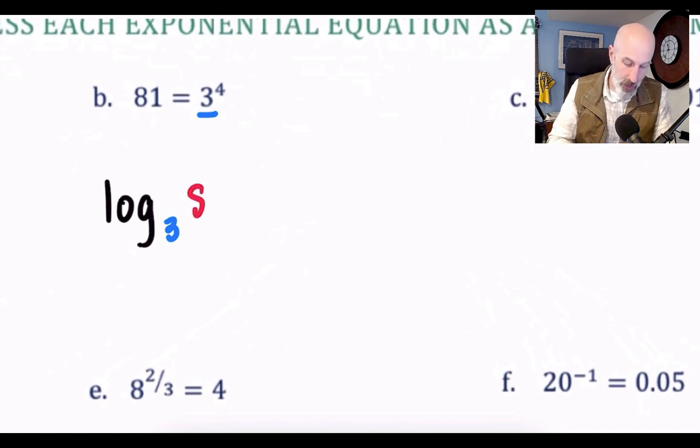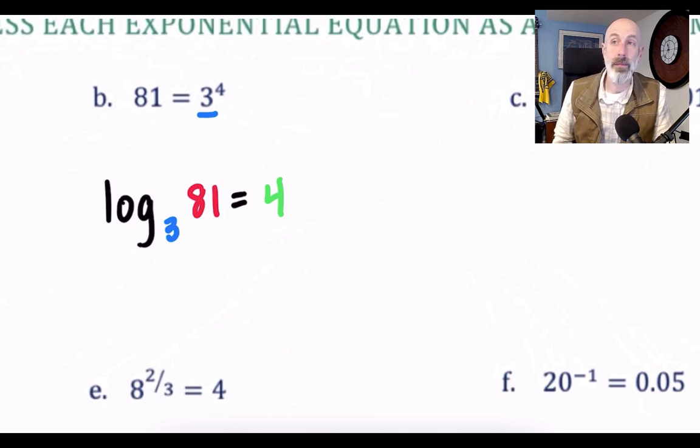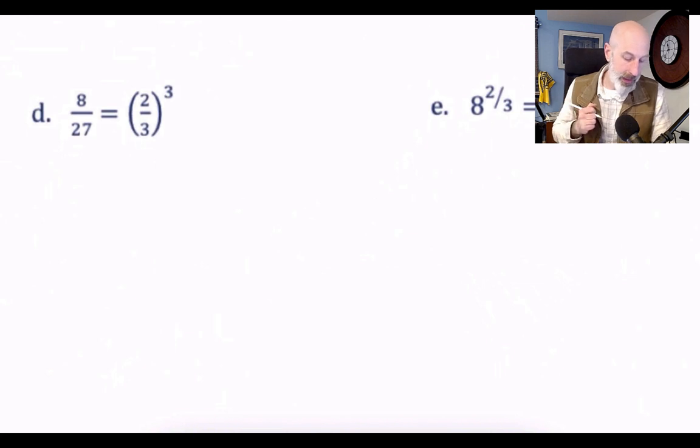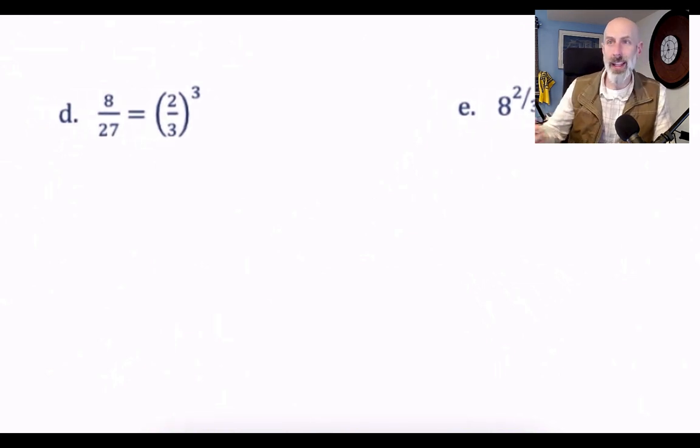So 81, which had previously been the simplified version of 3 to the 4th, is the argument, and the exponent 4 is going to be the answer. Let's also look at example D because it has fractions in them, and they can oftentimes create a barrier to understanding these, but it's going to be the same.